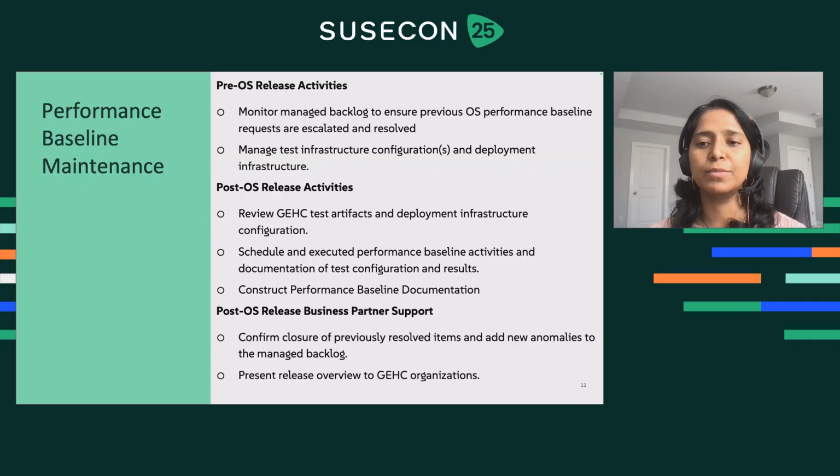This focused on ensuring consistency in maintaining performance baselines, outlining the pre-release and post-release activities such as monitoring backlogs, upgrading the test sets as needed, and maintaining deployment infrastructure configurations both at GEHC and SUSE. This approach has enabled us to maintain high standards of performance tracking and ensure that each OS release meets our quality benchmarks.